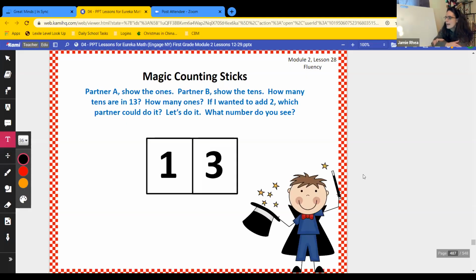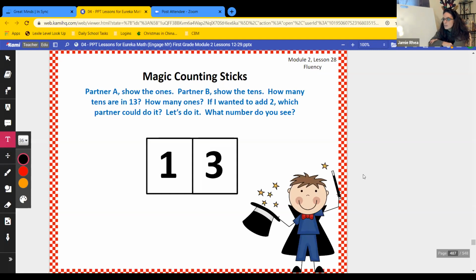Okay, now before I have you go work on your sprint today, let's look at some fluency with me because I want us to make sure that we really understand how a teen number can break apart into tens and ones. So let's look at this. Now, I'm not going to do it exactly the same way as what it says on our slide here. So let's listen to what I want you to do, okay? We know that this number is 13.